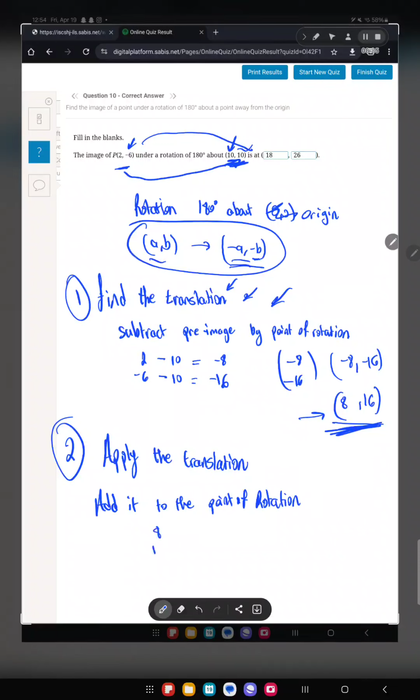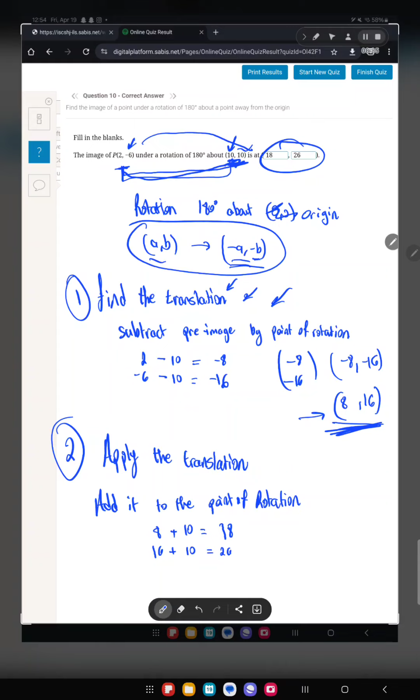So (8, 16) added to (10, 10) becomes (18, 26). In simple terms, the first thing you have to know is what translation I'm using. Find the translation by subtracting. We got (−8, −16). Apply your rule and it becomes (8, 16). This is now the translation I have.